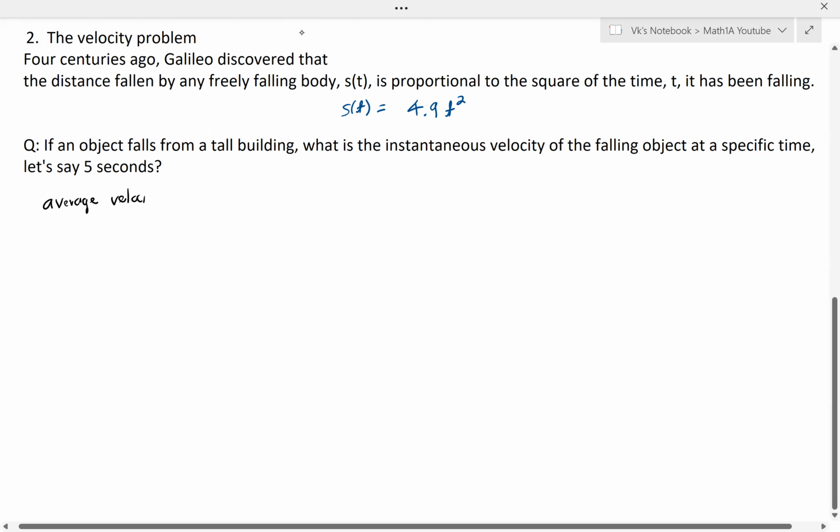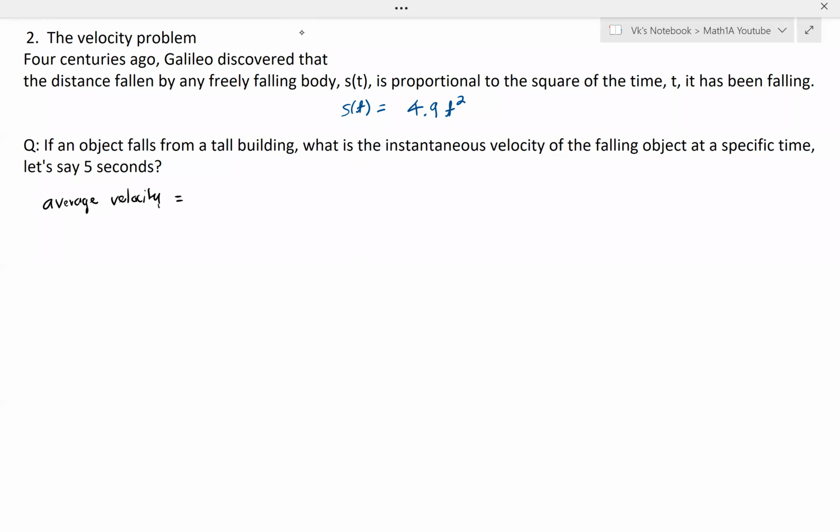Average velocity is change in position over change in time. Well, this is the same as distance over time. We can take the average velocity between 5 and 6 seconds.